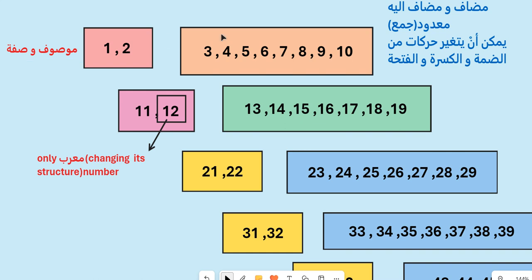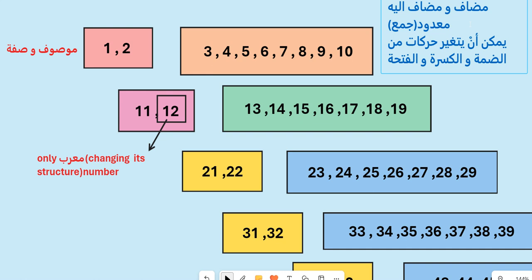And from 3 to 10, what structure are the numbers following? They are following the mudaf and mudaf ilayhi structure, in which the counted nouns are called ma'dud, and they are always plural. And the mudaf can change its haraka from damma to fatha to kasra.